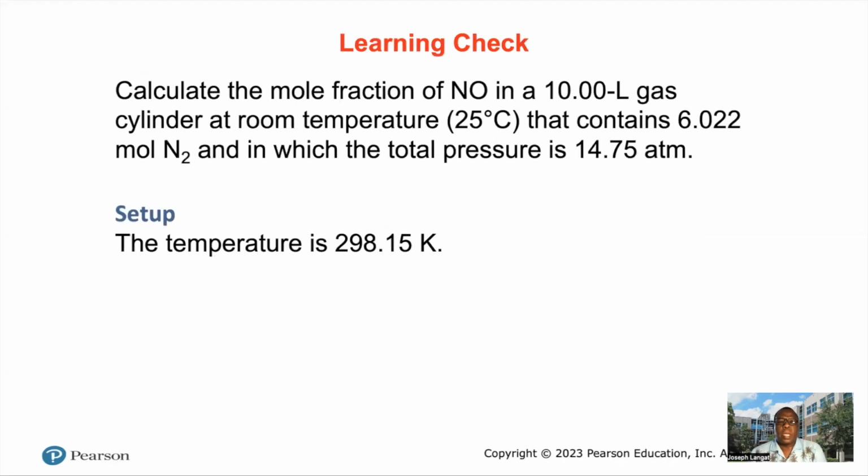Let's see, calculate the mole fraction of nitrogen monoxide in a 10.00 liter gas cylinder at room temperature, which is 25 degrees Celsius, that contains 6.022 moles of nitrogen gas, and in which the total pressure is 14.75.